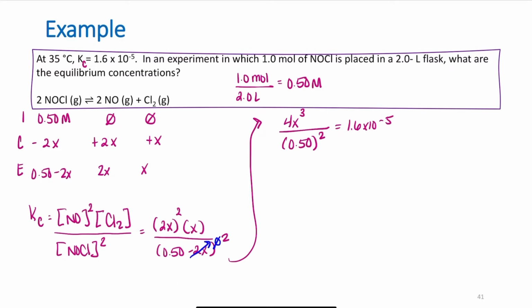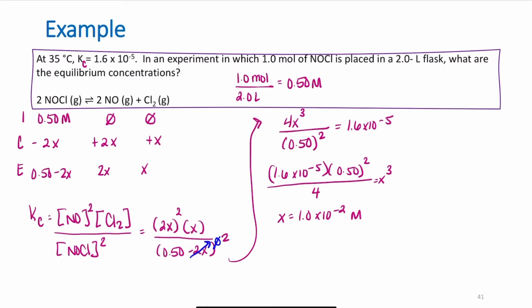Go ahead and isolate this equation to solve for x directly. 1.6 times 10 to the minus fifth times 0.50 squared divided by 4 is equal to x cubed. Solve for x, and x becomes 1.0 times 10 to the minus 2, and x does represent molar.